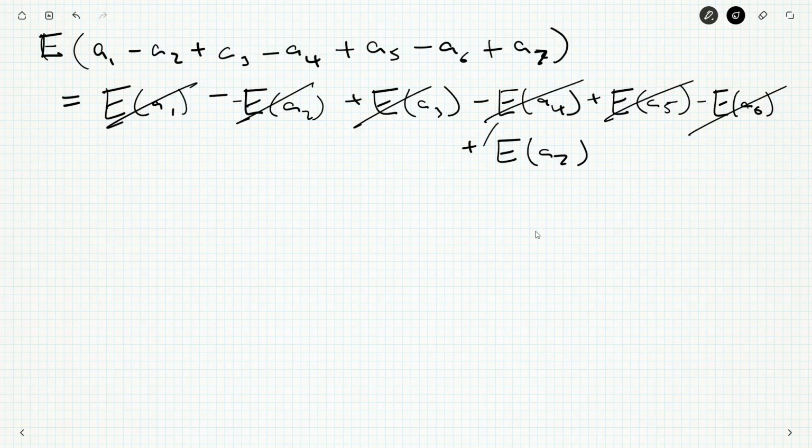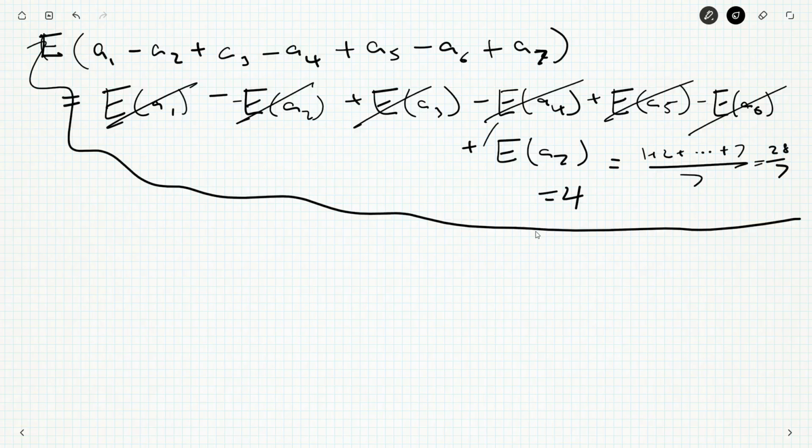And so it's just the expected value of one of these, which should just be 1 plus 2 plus 3 plus 4, all up to 7, all over 7. Should be 28 over 7, so we should get an answer of 4, doing it really quickly with expected values.